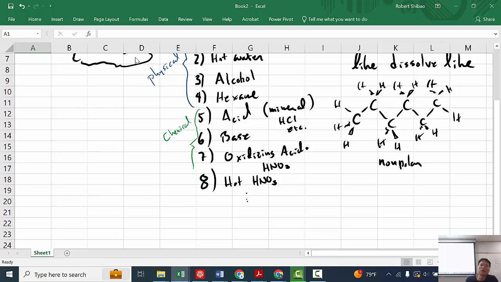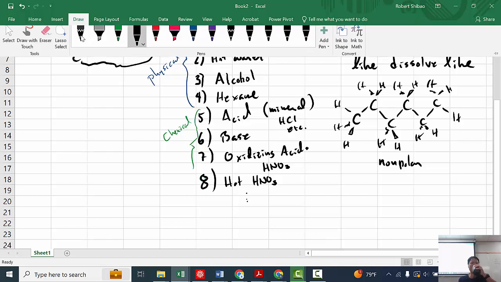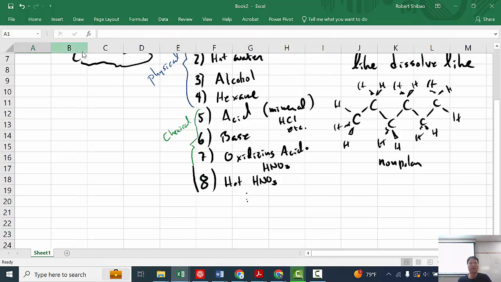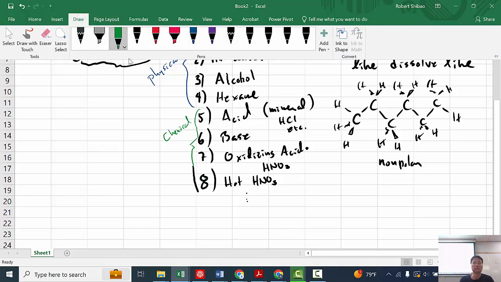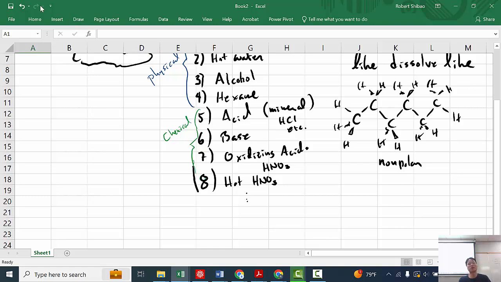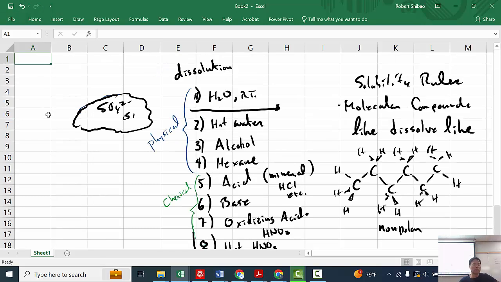No. You probably don't want to dissolve a diamond anyway, but have you ever tried to dissolve glass? Glass is more specialized. Actually, hydrofluoric acid works for glass, the way it attacks it chemically. But we'll continue on here. Yeah, trial and error. A lot of this is trial and error.